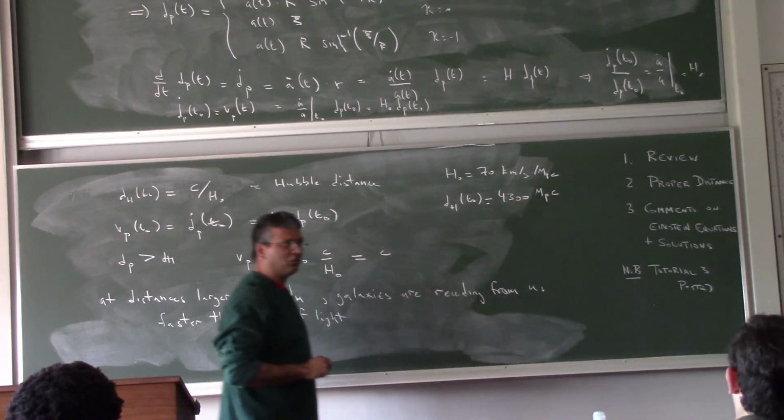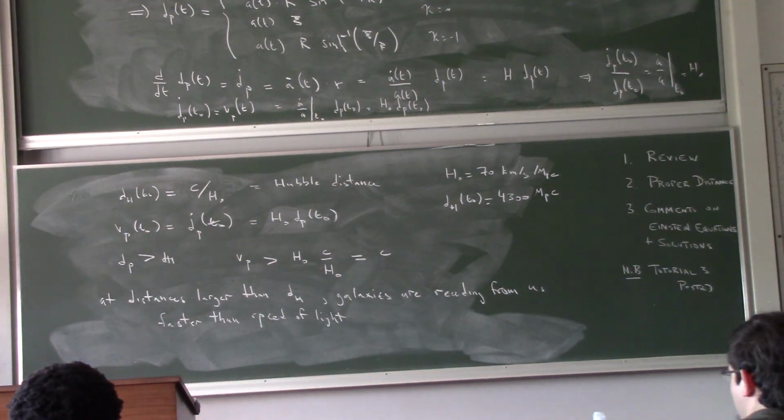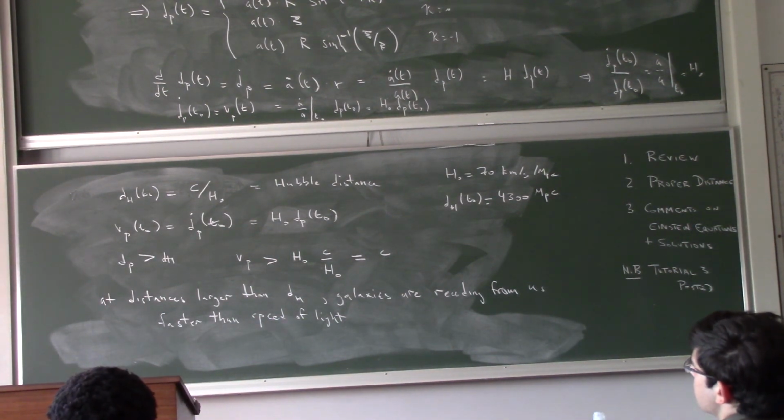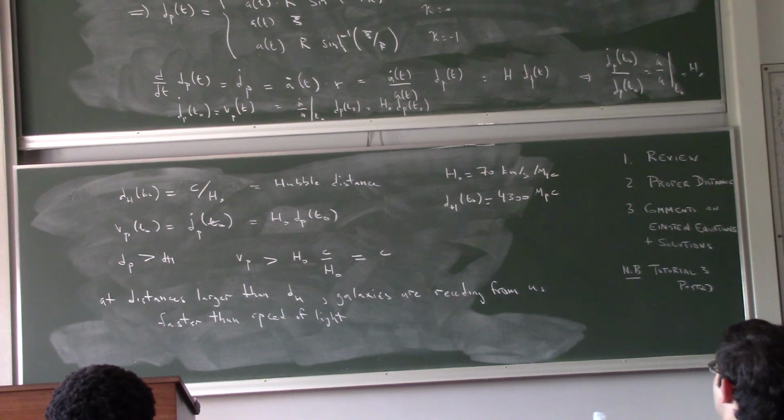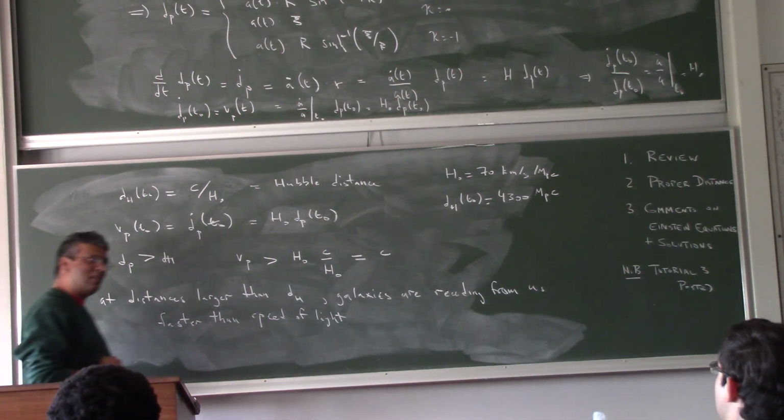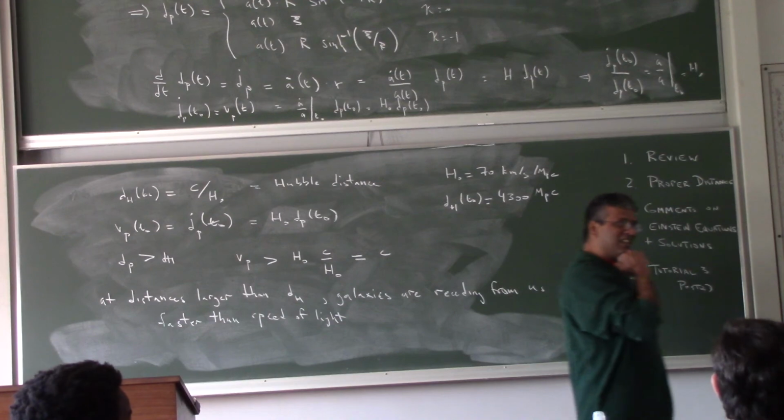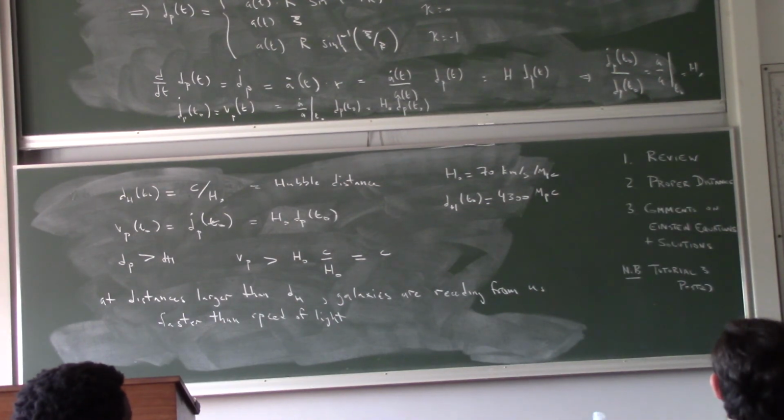So any galaxy that's further away from us than 4,300 megaparsecs looks to be moving away faster than the speed of light. So you have an idea about why this isn't a problem. Isn't it because of space restrictions, so it's not actually increasing the speed that the light is traveling, or that the galaxies are moving apart?